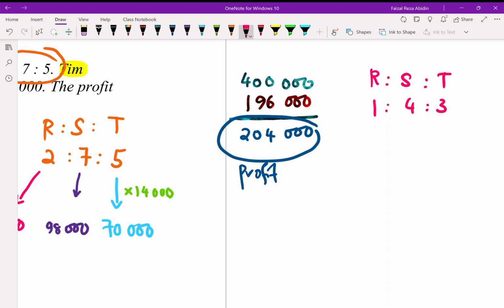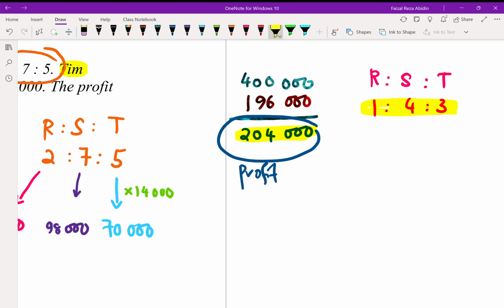So means that the total here, you are going to have 204,000. Can you understand? From 204,000, the profit, they are going to divide it in the ratio. Raju got 1 part. Salim got 4 parts. Tim got 3 parts.